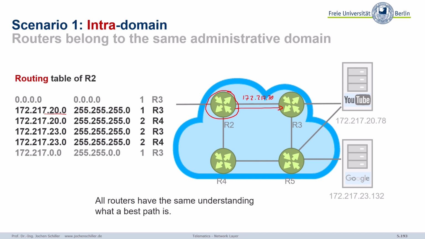But you also see that there's an alternative one that goes via router 4, R4, to 172.20. So you see two possible paths to reach this network with the prefix 172.20.